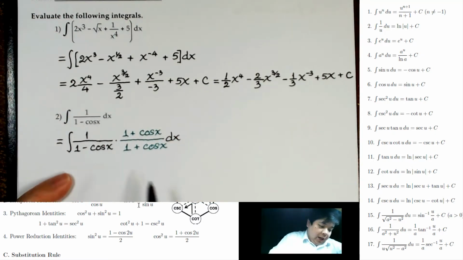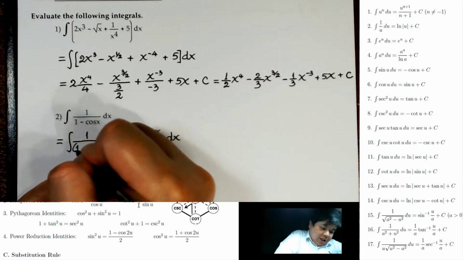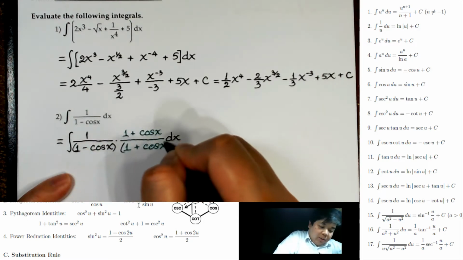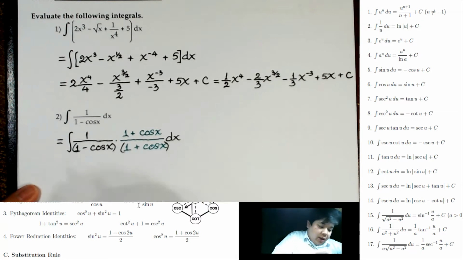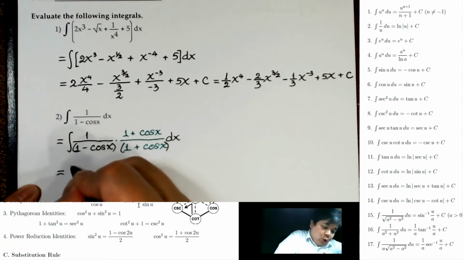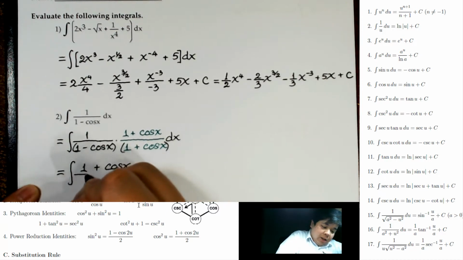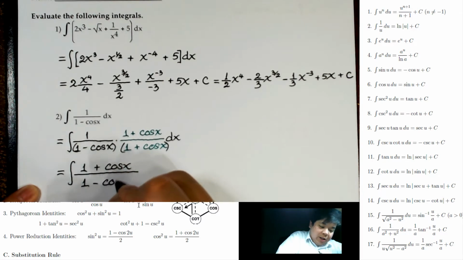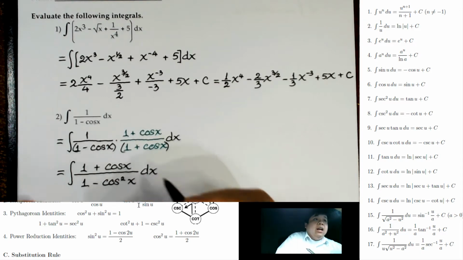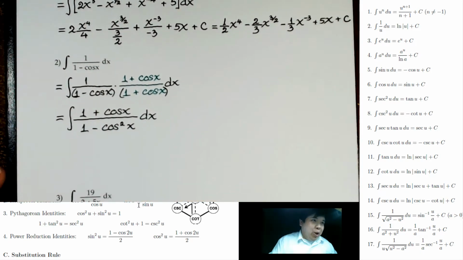Right, that is where we multiply the bottom. It is the bottom of 2 squares, the difference of 2 squares. So the top is 1 plus cosine x. The bottom is 1 minus cosine square. And now we see why we have to do that.